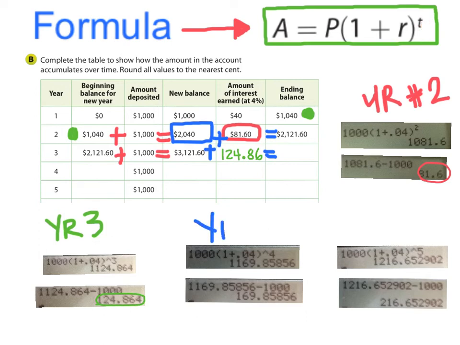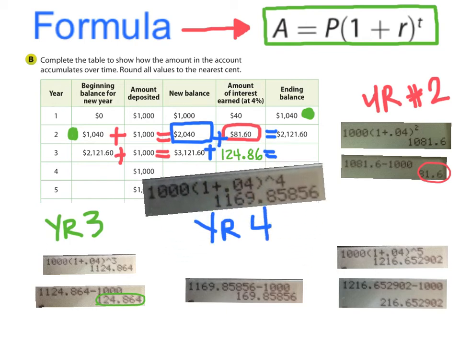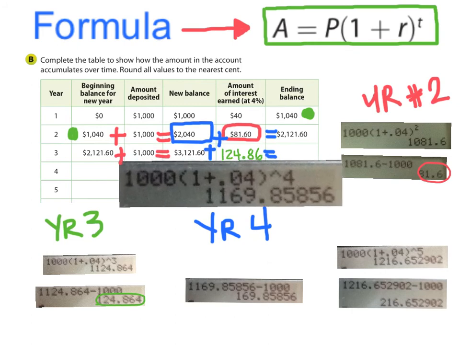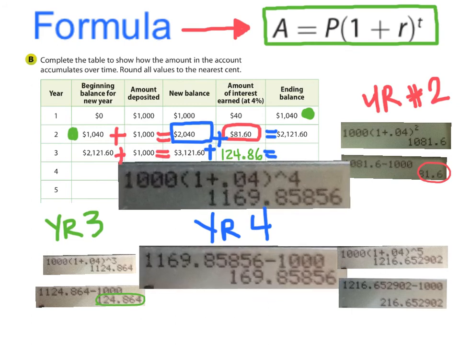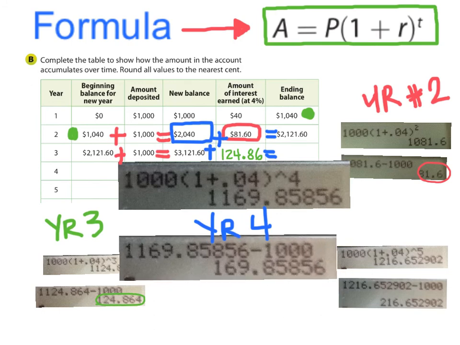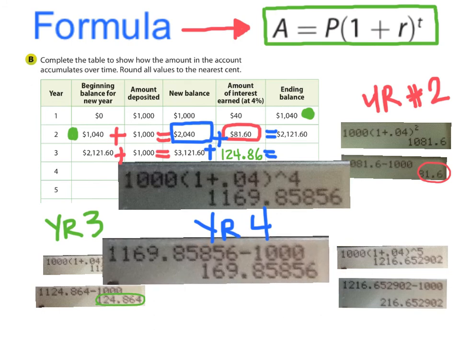So this column is year 4. It's exactly what I typed in my calculator. So let me enlarge that so you can see. Okay, I've got $1,000 because that's my original amount times 1 plus 0.04 exponent 4 because now we're in the 4th year.